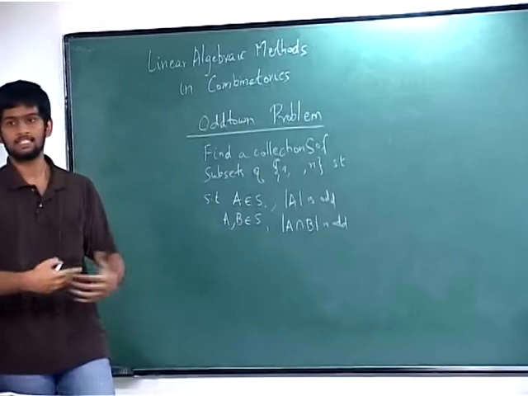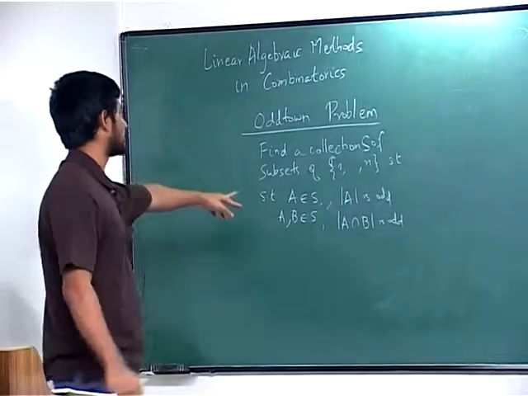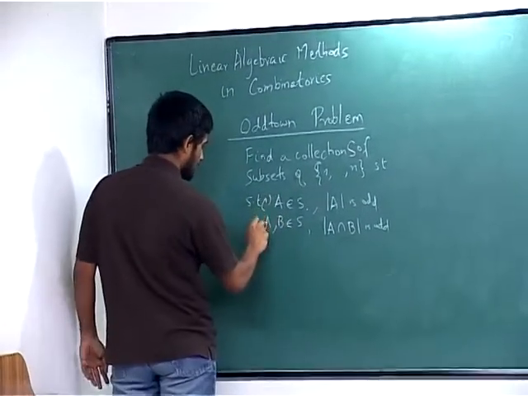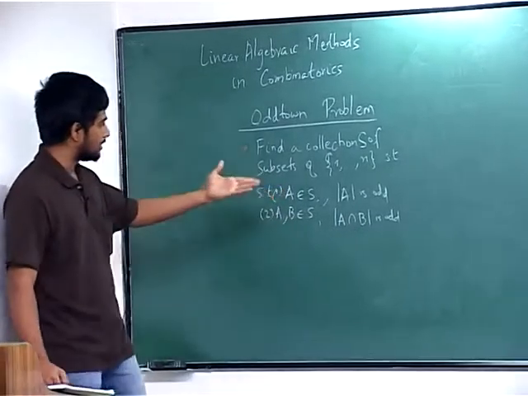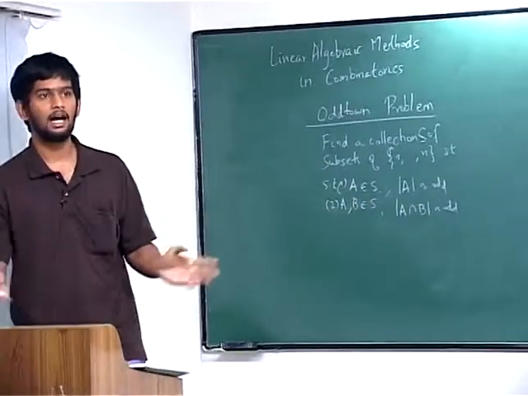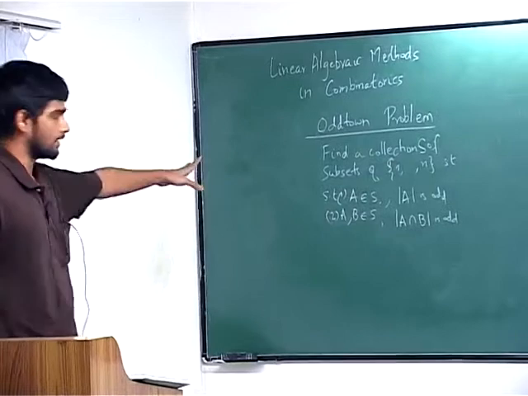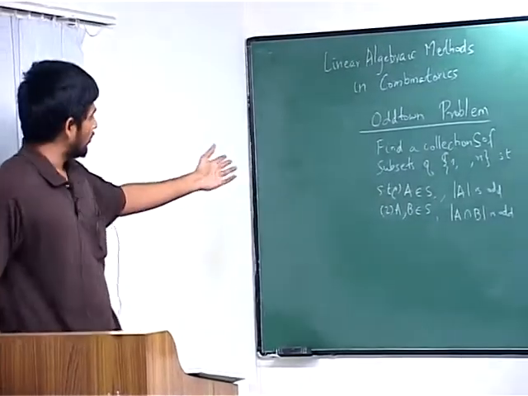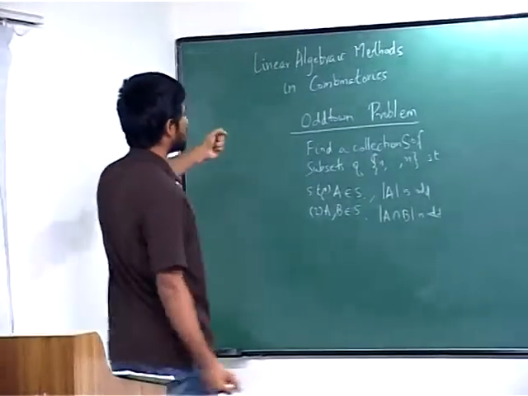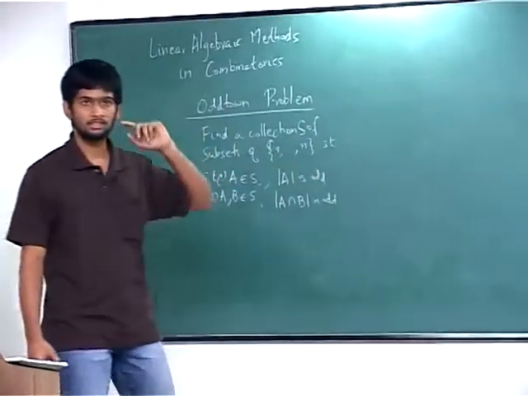So you want to find a collection of subsets of n with these two properties. That is, the cardinality of each set is odd and the cardinality of the intersection is also odd for any pair. So what is the maximum number of such sets you can pick which will satisfy these two properties?